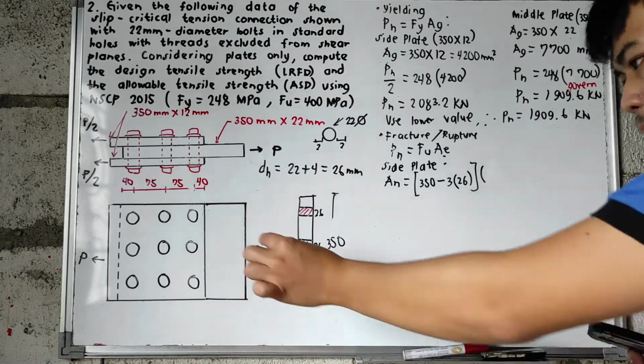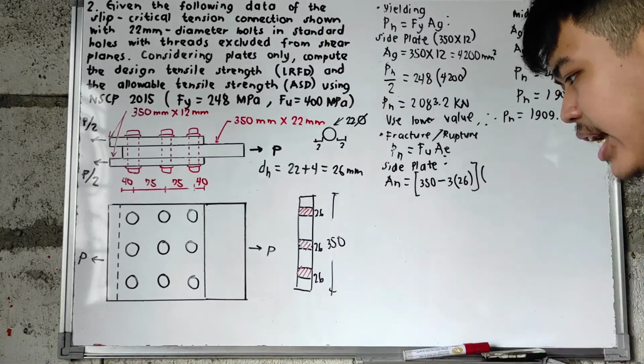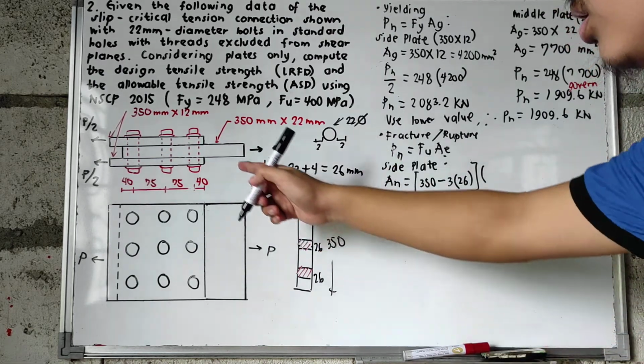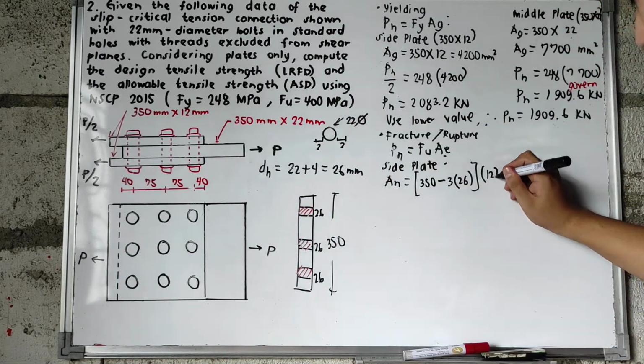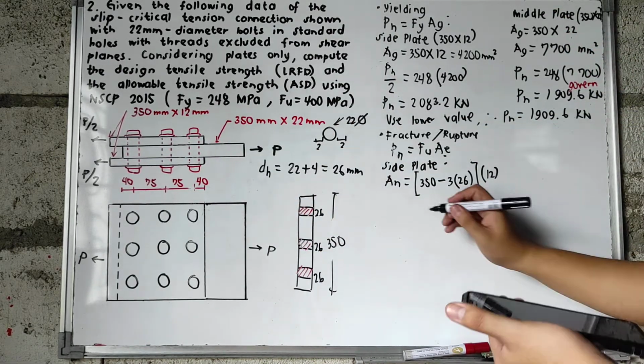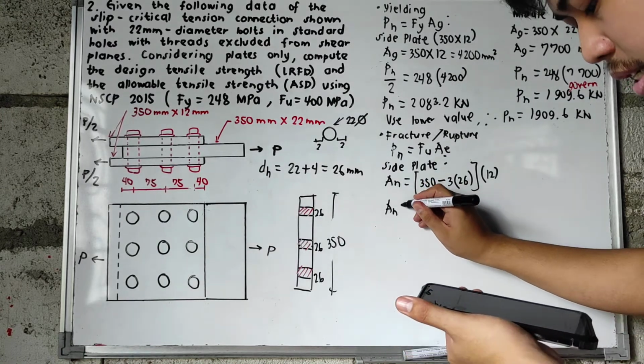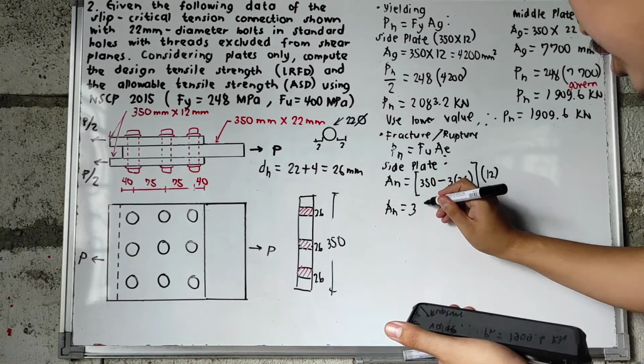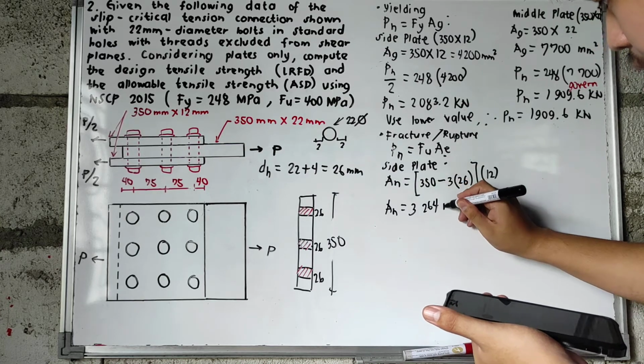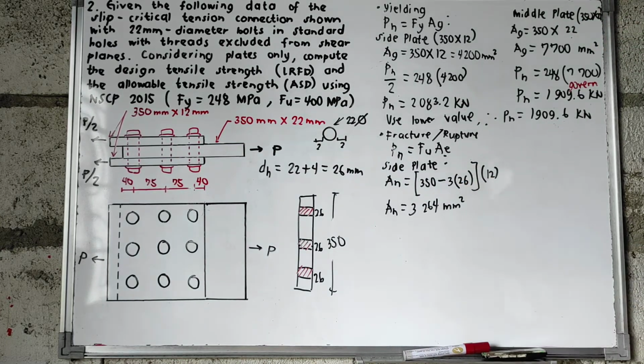So, yung thickness ng plate natin, considering the side plate, that is equal to 12 mm. So, the value of your A sub n is equal to 3,264 mm squared.